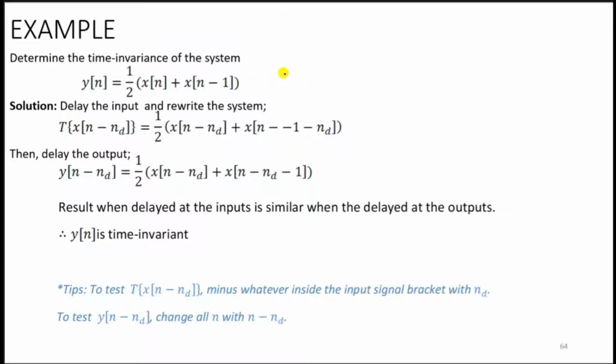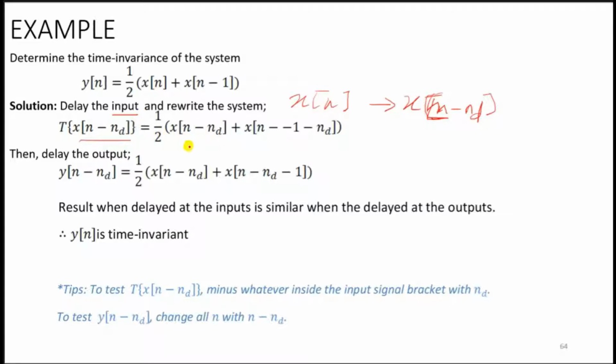Okay, for this system, determine the time invariance of the system. So you are given a system, all right? And then the first thing that you have to do is delay the input. So when you delay the input, x[n] becomes x[n - nd].